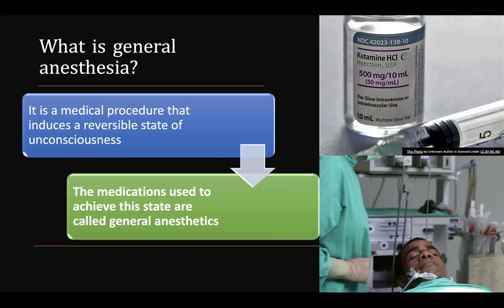So the patient would be unconscious and in a state where you cannot easily arouse them. Although it's as if the patient is asleep, this is different from sleep, or more intense, because you cannot easily arouse the patient. The medications we use to achieve this state of unconsciousness are what we call general anesthetics, and the procedure is general anesthesia.